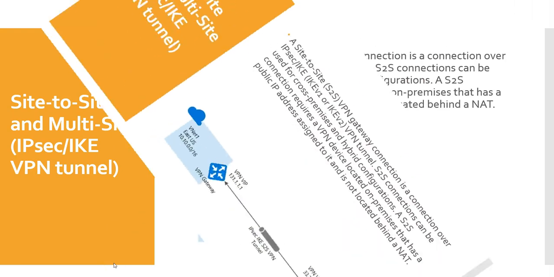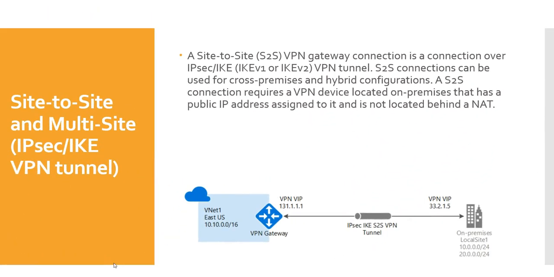Okay, first we have site-to-site and multi-site, which is also known as IPsec/IKE VPN tunnel. Here's the diagram that you can see. A site-to-site VPN gateway connection is a connection over IPsec/IKE, which is also known as IKE v1, or it can be IKE v2 VPN tunnel.